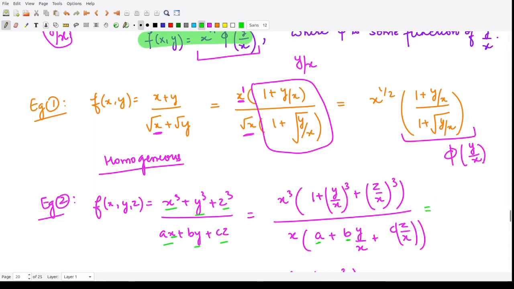So what you have done, here the power of x is 3, here the power of x is 2, so this becomes the power of x as 1 and some function phi which is defined in the variables y by x, z by x.